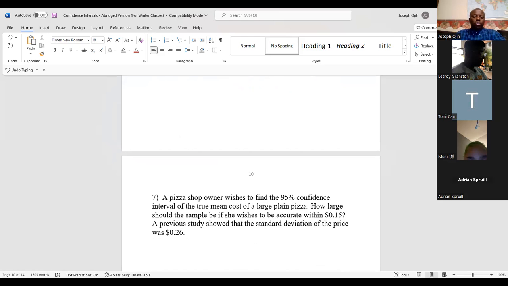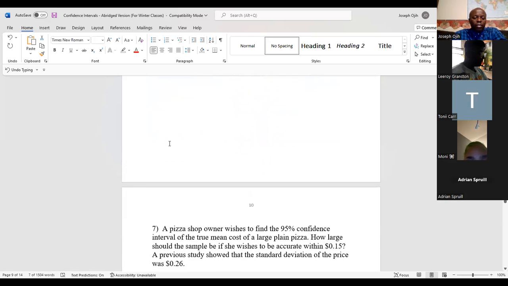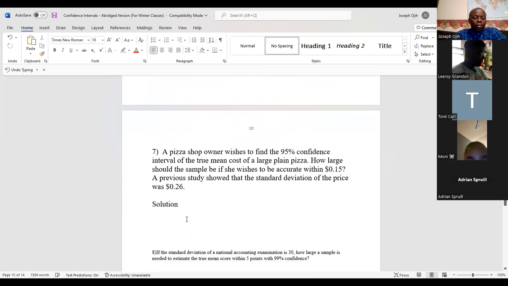Okay, solution. We have our standard deviation and error given. The standard deviation this time is 0.26. He said he wished to be accurate within 15 cents, so error is 0.15.